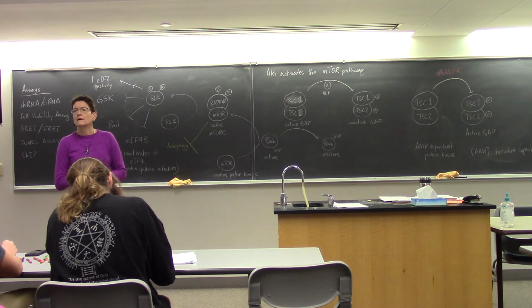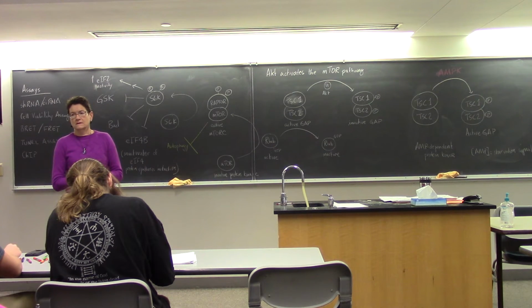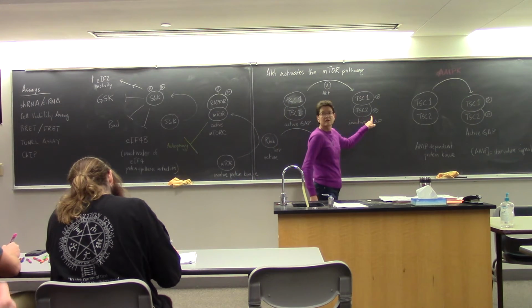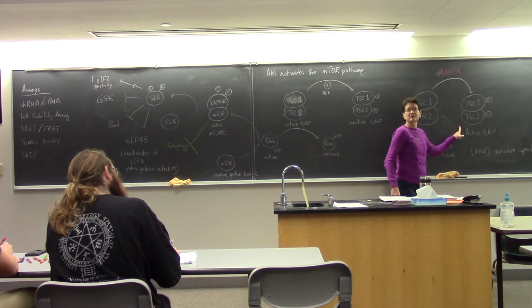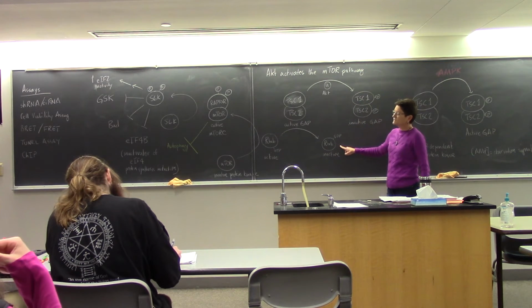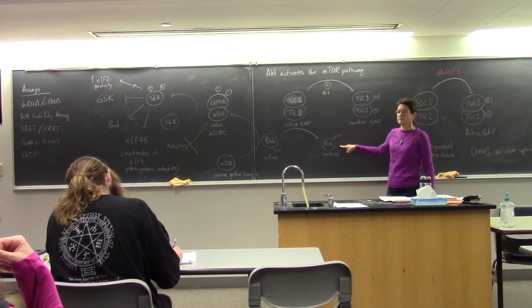Does AMPK phosphorylate TSC1 and TSC2 on the same residue? No, it has to be a different one because these are inhibitory phosphates. These are activating phosphates. So we see increased inactivation of Rheb. What's going to happen to the amount of autophagy? It's going to increase.